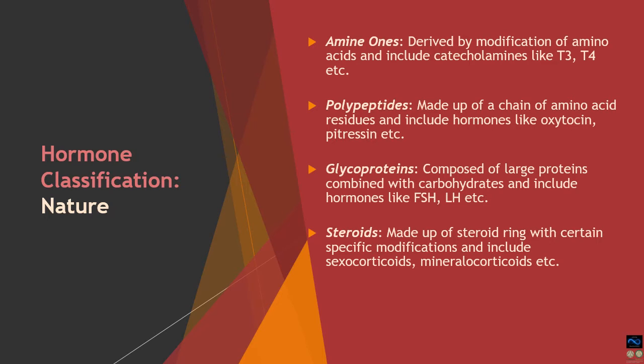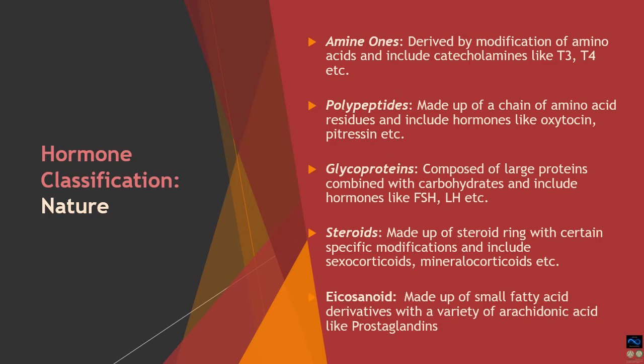They are derivatives of the steroid rings, which, as we know, is synthesized from the cholesterol by specific modifications, and they include the glucocorticoids, mineralocorticoids, sexocorticoids, etc. Fifth one is the eicosanoids, which are made up of small fatty acid derivatives, which is a variety of arachidonic acid, and they encompass usually prostaglandins.